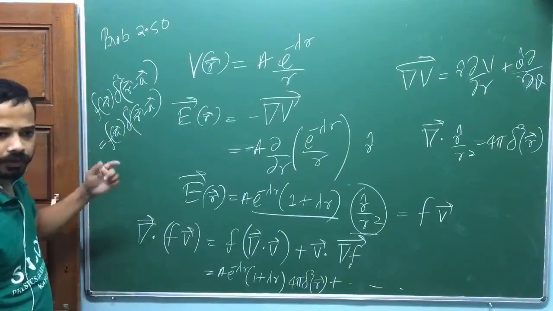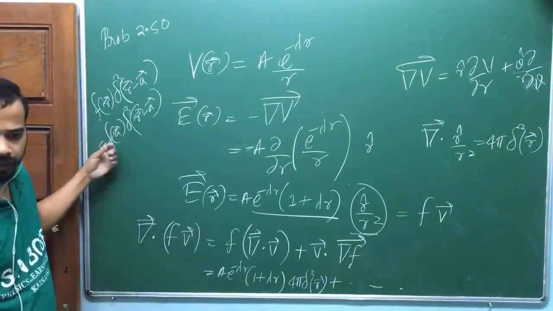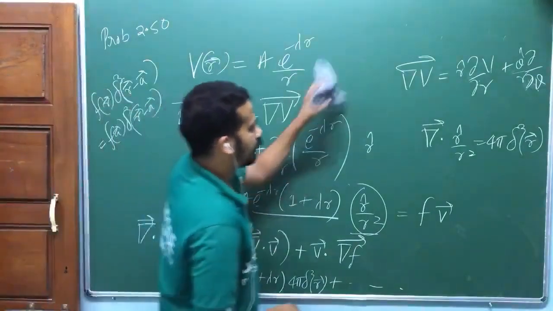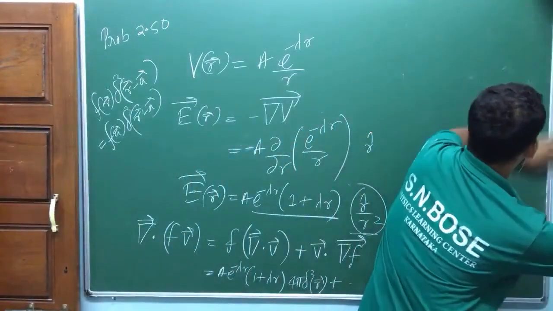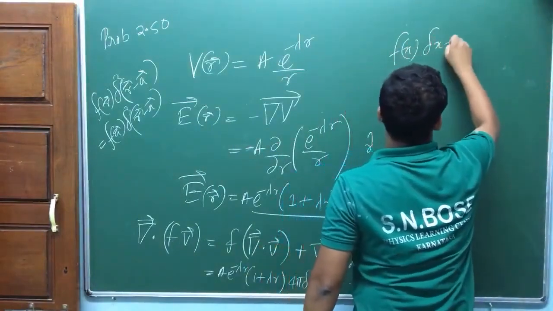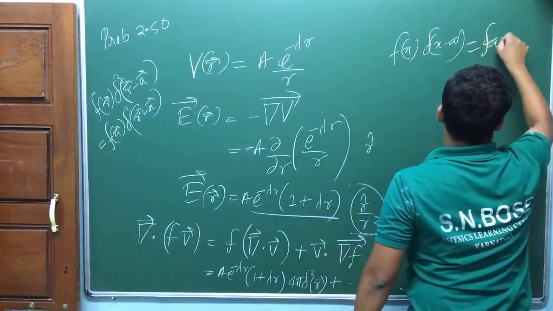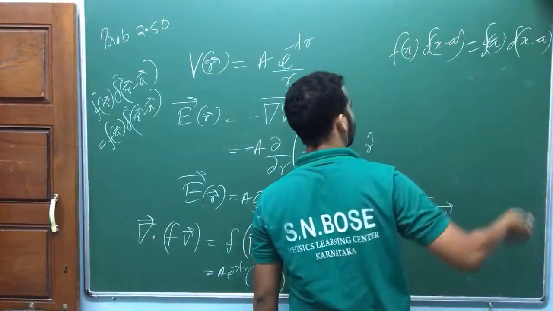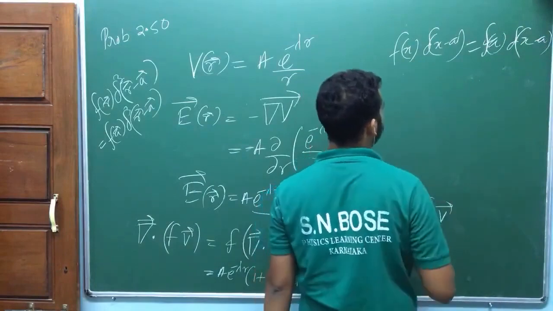This kind of property, do you remember? We have used it somewhere. Shall I write it here? F of x into delta of x minus a is equal to f of a into delta of x minus a. This is how we define it actually. Later the integral property we use.